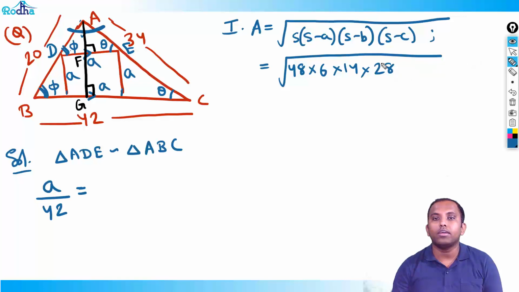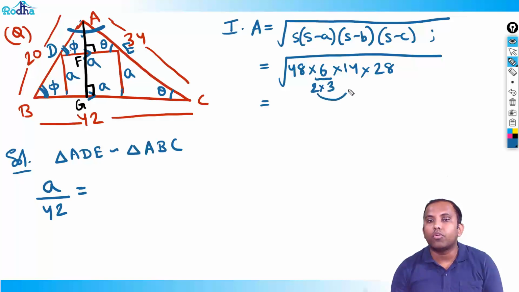Now what is the area? You have got two multiples of 7 here. I can split this 6 as 2 into 3. So this 2 with 14 will become 28, and out of the root, 28 will come out.